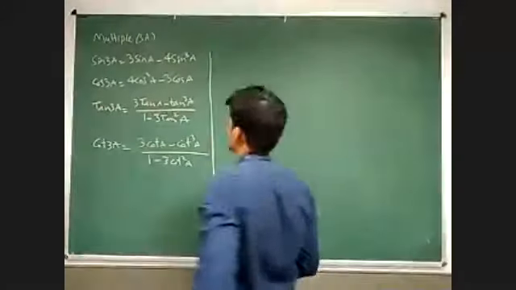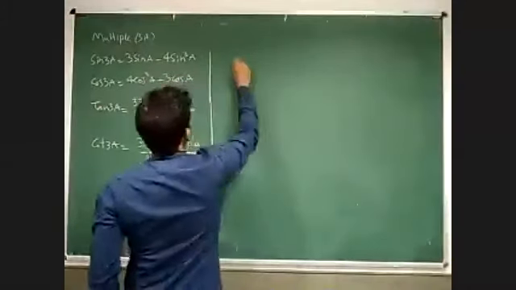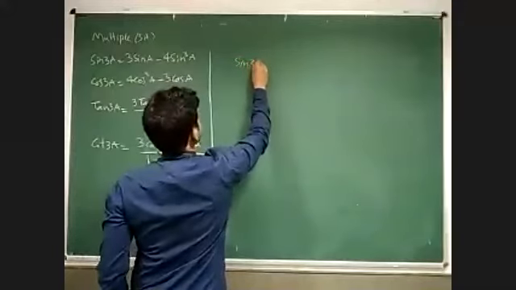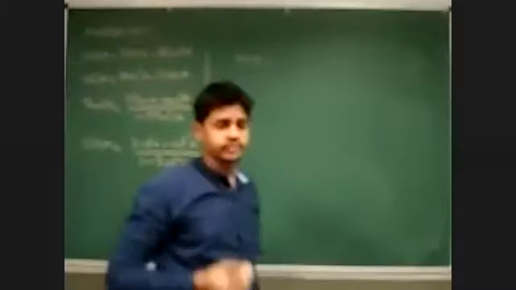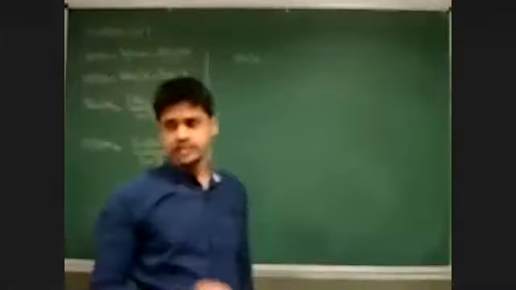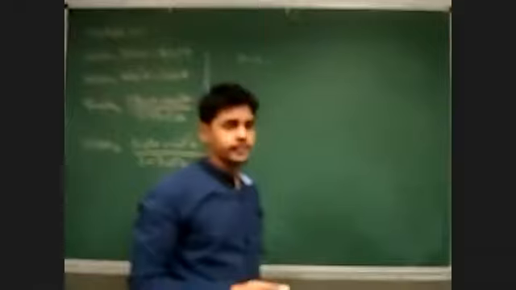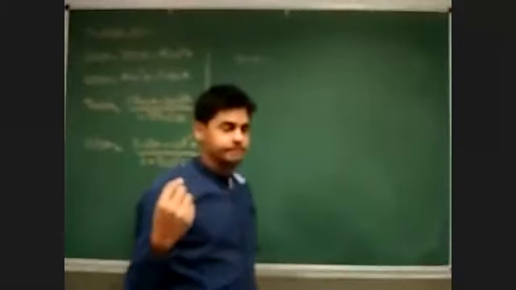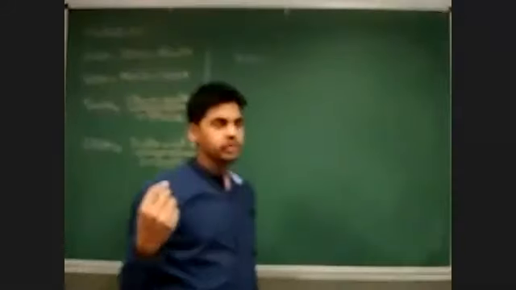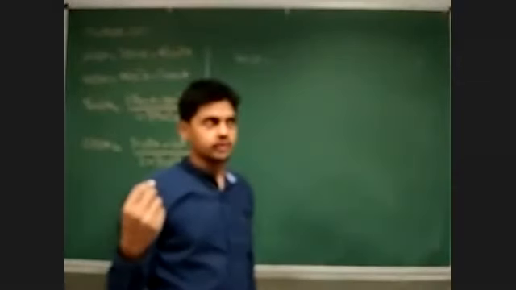So for the derivation, see here, this is sin 3A. How can we derive this? The first question is, how can we derive sin 3A? We only know trigonometric identities, allied angle formula and compound angle formula.